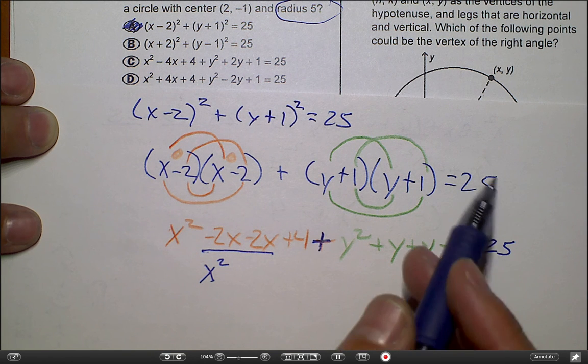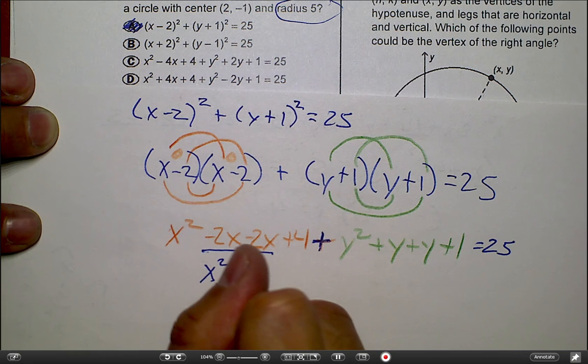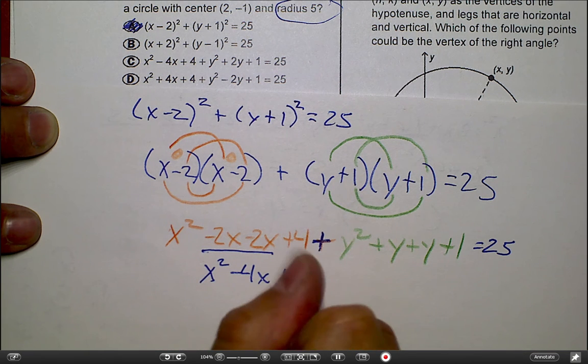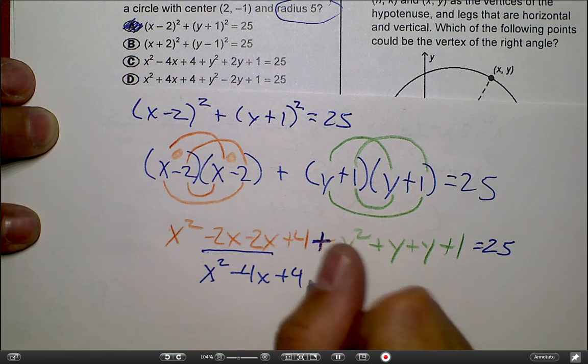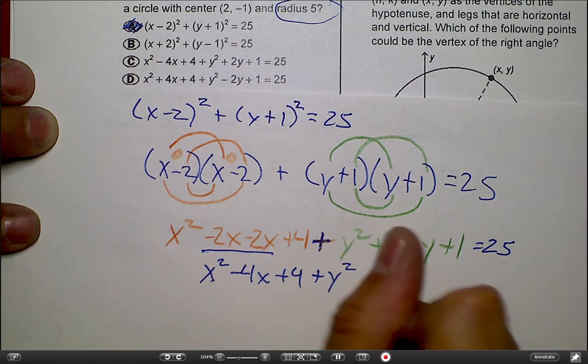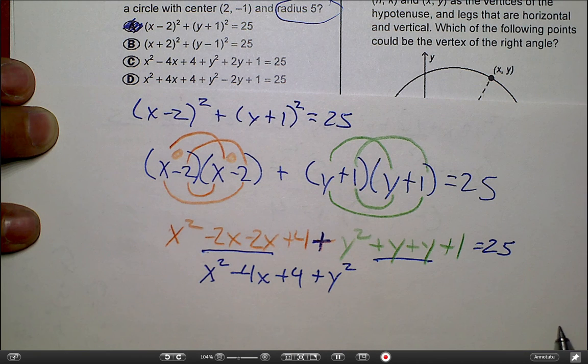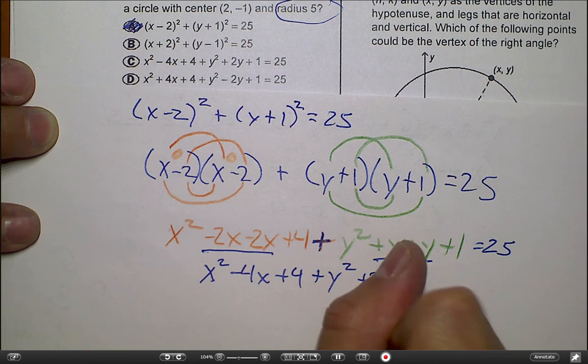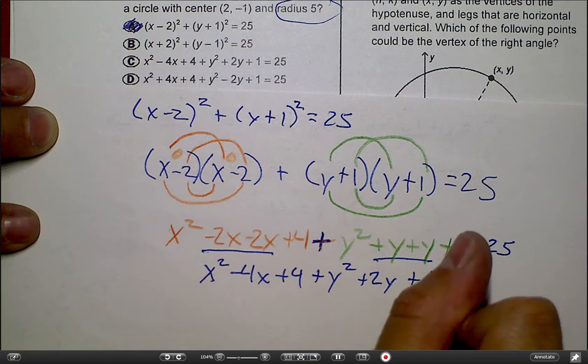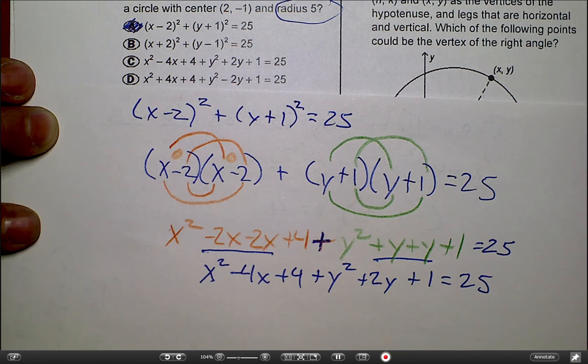Negative 2 and negative 2, negative 4x, plus 4, plus y squared. How many y's? Plus 2y plus 1 equals 25, right? So, which answer is this? C.